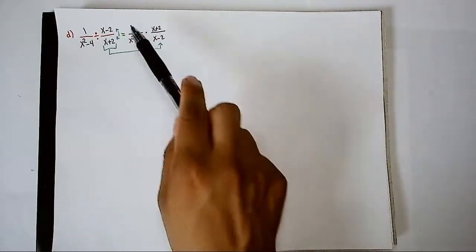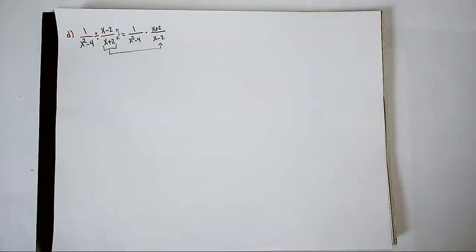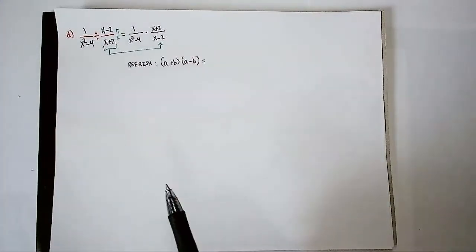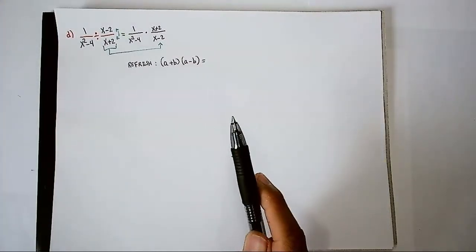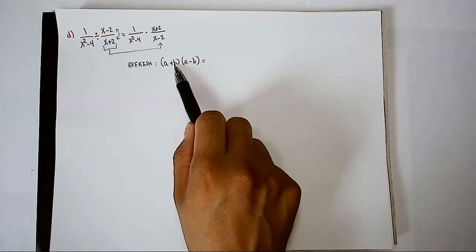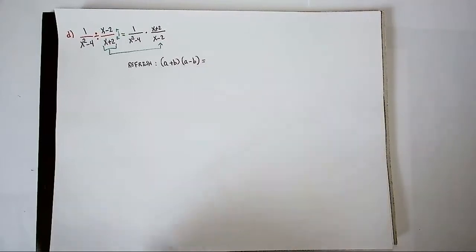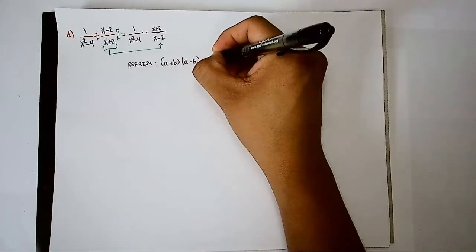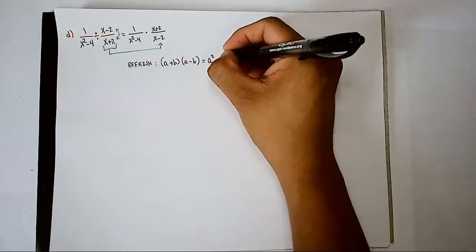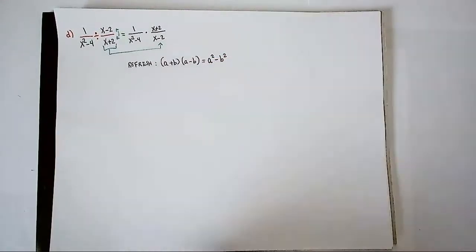Now we can multiply the numerators and the denominators. But before we do that, let's refresh an algebraic property. The multiplication of the addition of two terms times the subtraction of the same two terms is equal to the square of the first one minus the square of the second one.